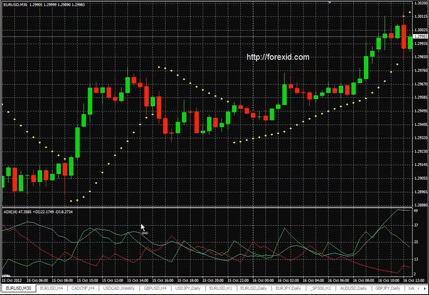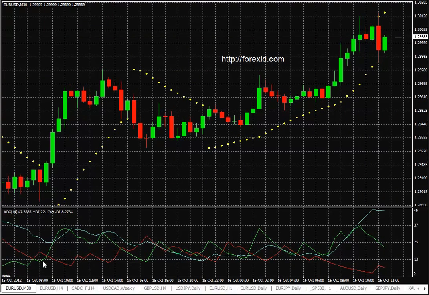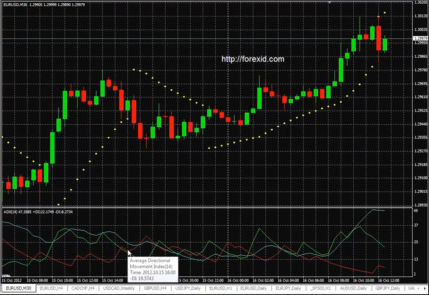I have already presented ADX in previous videos, and this index is comprised of two partial indices. I symbolize with green color the DI plus and with red color the DI minus, and the turquoise color stands for the ADX itself.